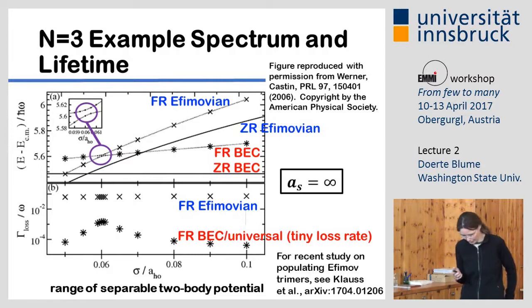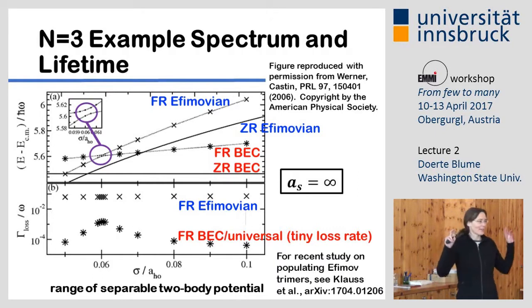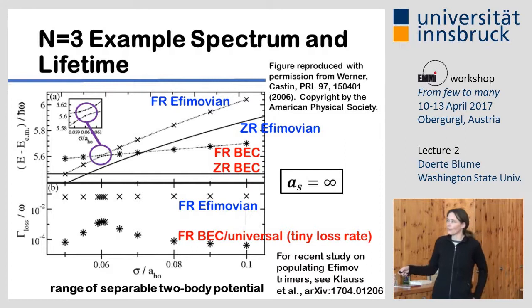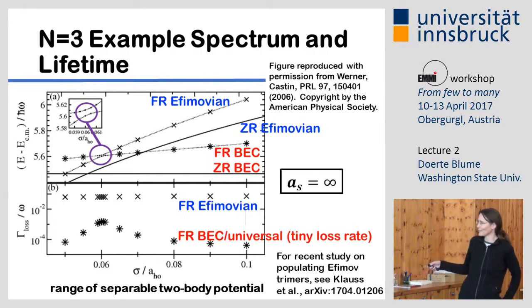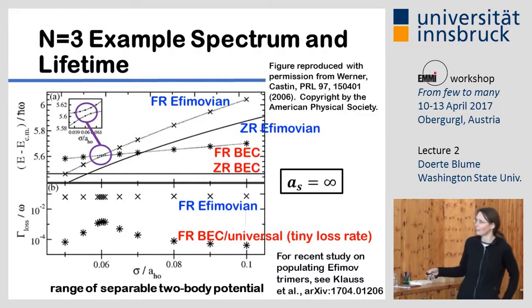And one key point that this study really made is that the lifetime of the universal state, the three-atom BEC state, is actually quite long. So the losses expressed in terms of the angular trapping frequency are tiny. The phrasing "tiny loss rate" is taken directly from the abstract of that paper.